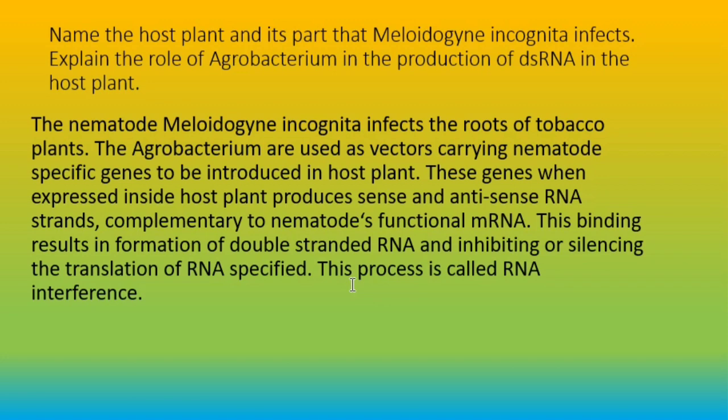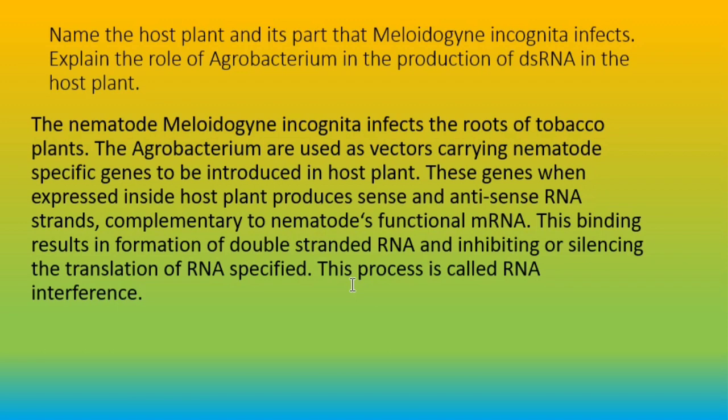The vector used for transferring the gene of interest to plants is Agrobacterium tumefaciens, and the host plant here is the tobacco plant. These genes, when expressed inside the host plant, produce two strands of RNA, sense strand and antisense strand. Since they are complementary, they will form a double-stranded RNA.